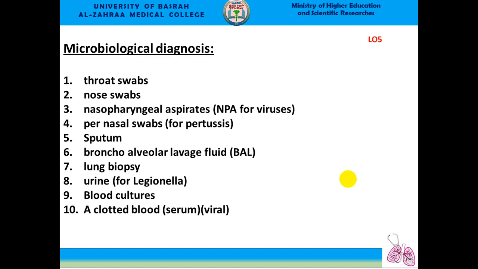Sometimes, but rarely, we may need lung biopsy, a biopsy taken from the lung. Examination of the urine, especially for Legionella pneumonia, might be helpful. Blood culture is very important, so remember to withdraw blood culture for those who are highly feverish and need admission to hospital. And finally, we may do serum examination, a clotted blood, looking for viral pneumonia, like the rapid test that is now used for the detection of COVID-19.